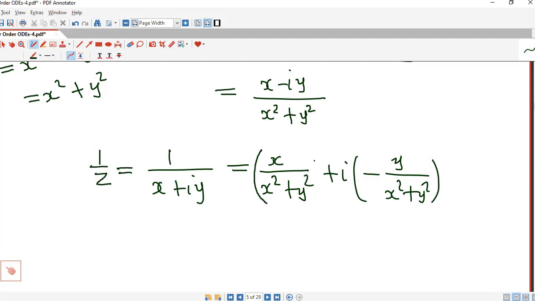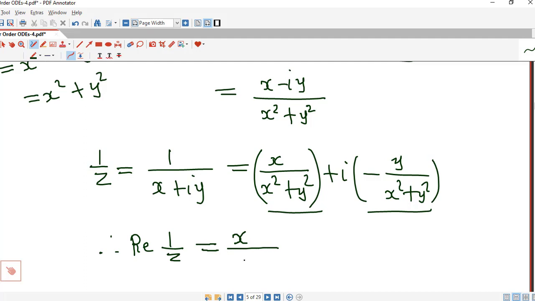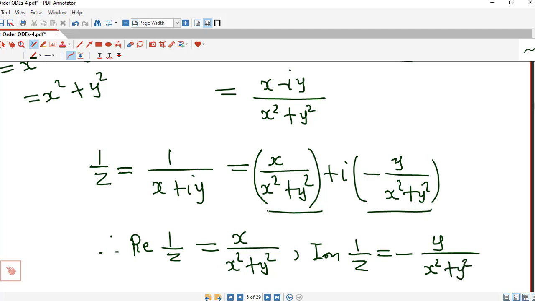So we have expressed 1 by z in terms of real part plus i into imaginary part, so that we can write that real part of 1 by z is nothing but x over x square plus y square, and imaginary part of 1 by z is nothing but the coefficient of i, which is minus y over x square plus y square.